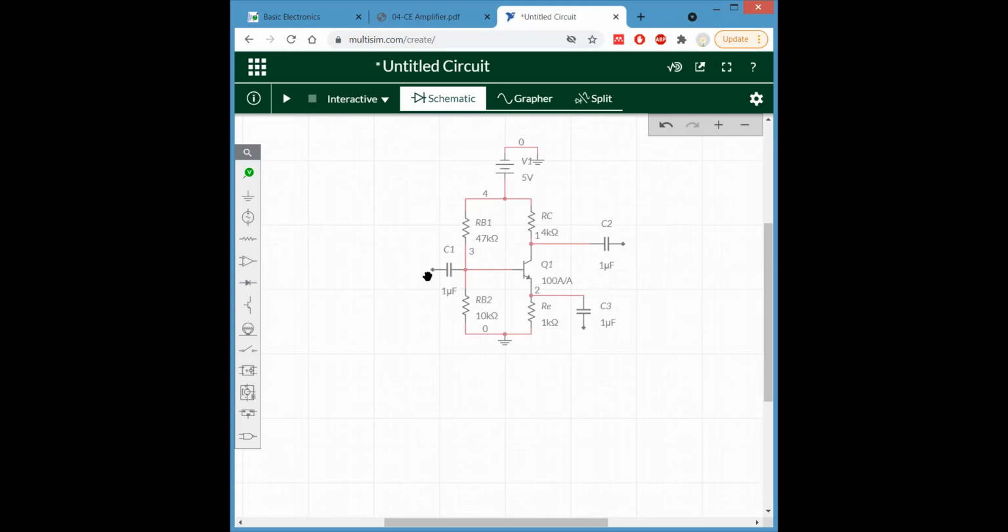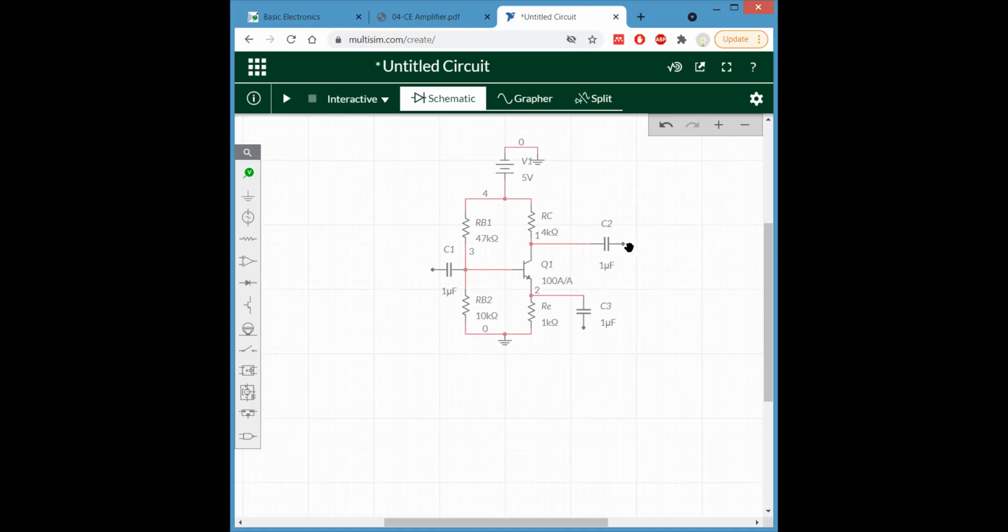Coupling means, let's say you have a two-stage amplifier: the same circuit will be copied over here, and the output of the first stage will act as the input of the second stage. That's why these two are coupled. This one couples with the initial input signal, and this one couples with the output.